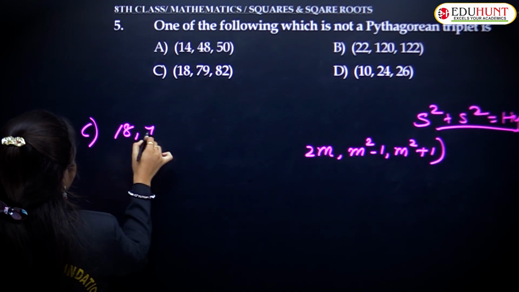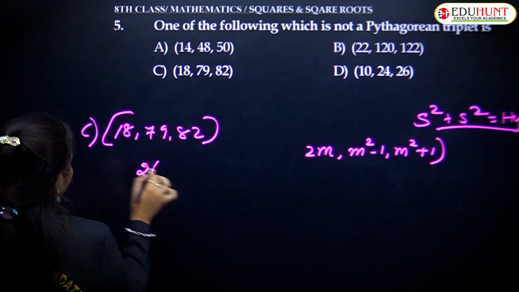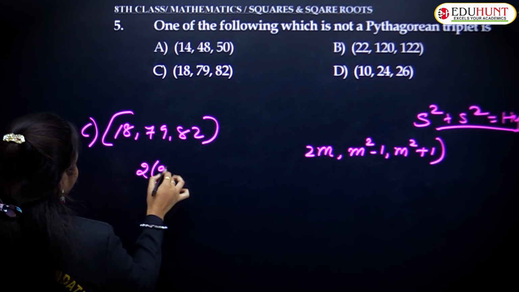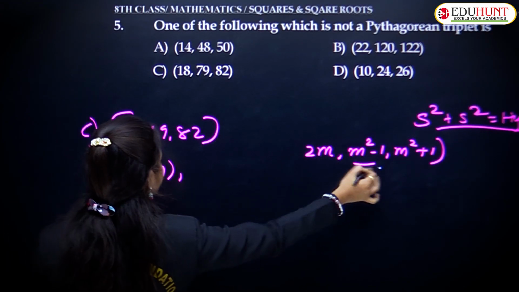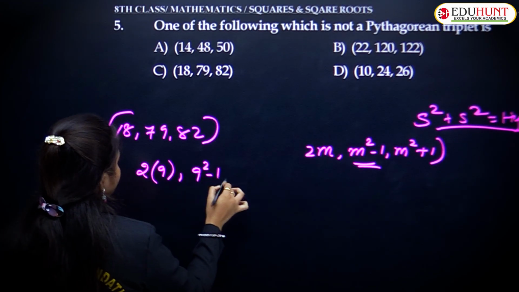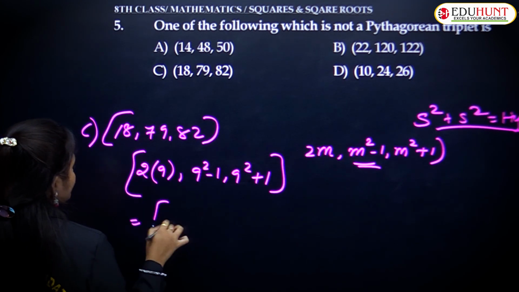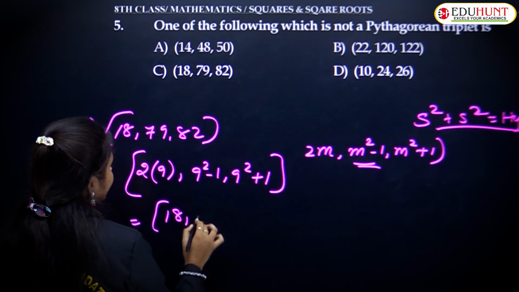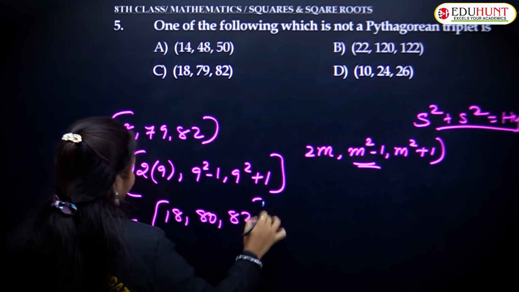So third option, check that. 18, 79, 82. Is it satisfying the given condition or not? So 18 divided by 2, 2 nines 18. Next, the second number, what is that as per this one? 9 square minus 1, 9 square plus 1. So 9 nines are 81, minus 1 is 80, 81 plus 1 is 82.